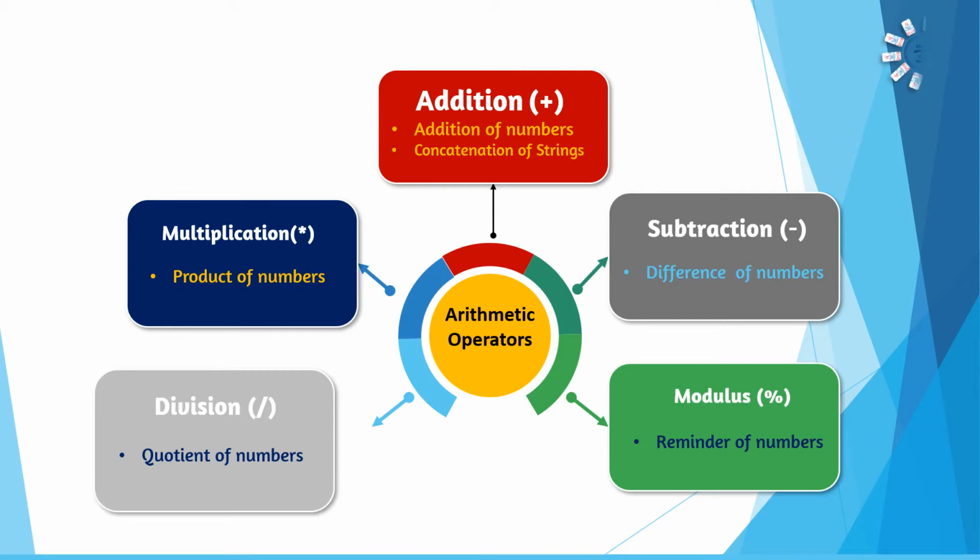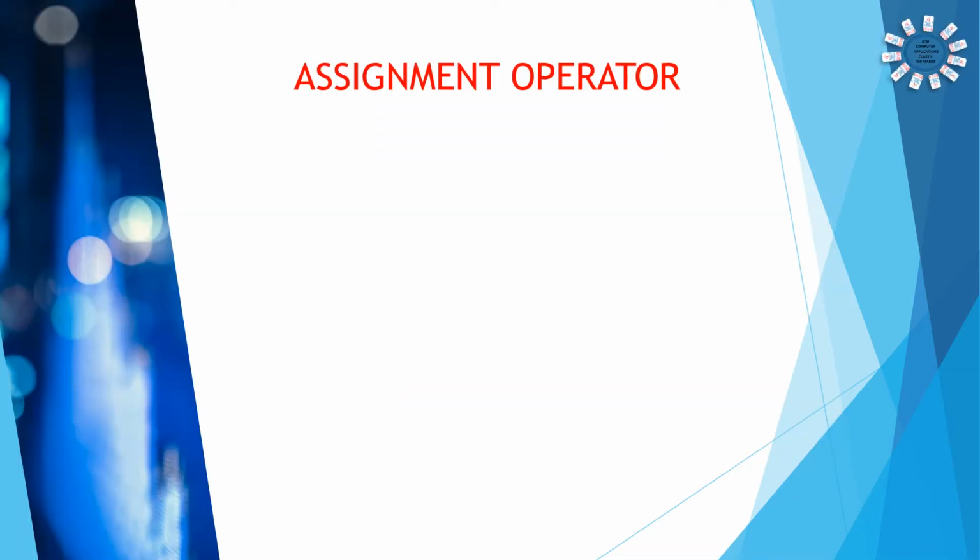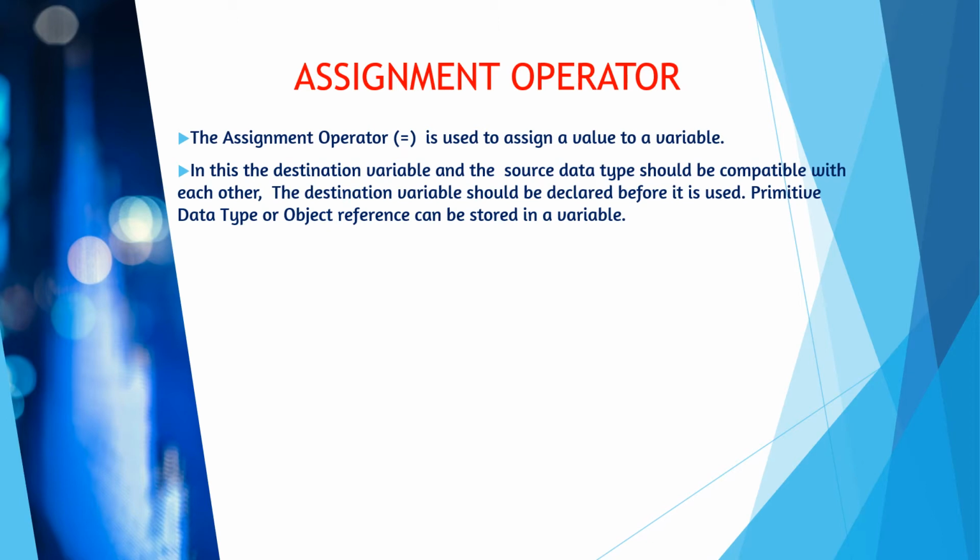Now some variations of arithmetic operators we can see. Here we can discuss the assignment operator also. The assignment operator, that is the equal sign, is used to assign a value to a variable. For example, int A is equal to 5. So like this, the equal sign is used to assign a value.